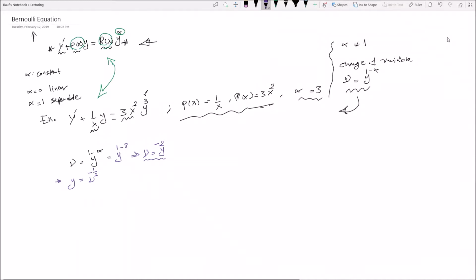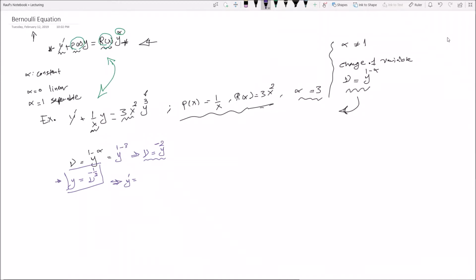Now we know that. Let's keep that in mind. Now let's find the y prime of this equation so that we can substitute it into the main equation and help us in solving it.